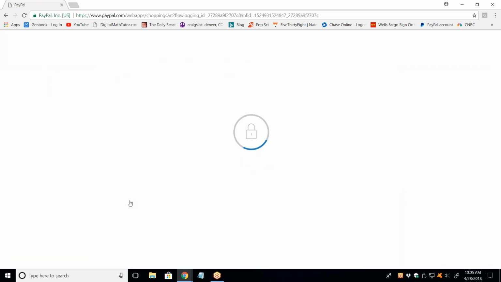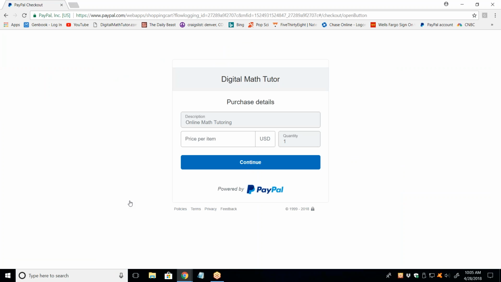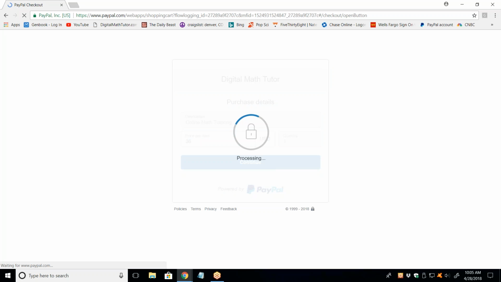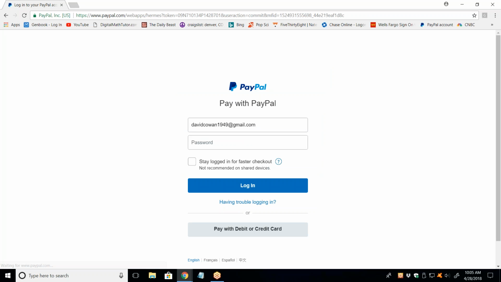Then for your mom, it'll pop open just the PayPal. Okay. Price per item, I can see why people are having problems with it. It's 36 for an hour online. After I hit 36, let's see what happens. I hit continue, and now it should pop open my PayPal screen and let me put in my password. Then you're done. That's it. Okay. 2 steps. All right.